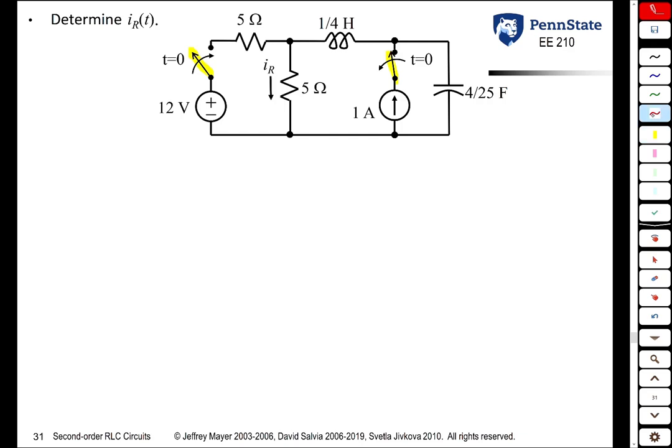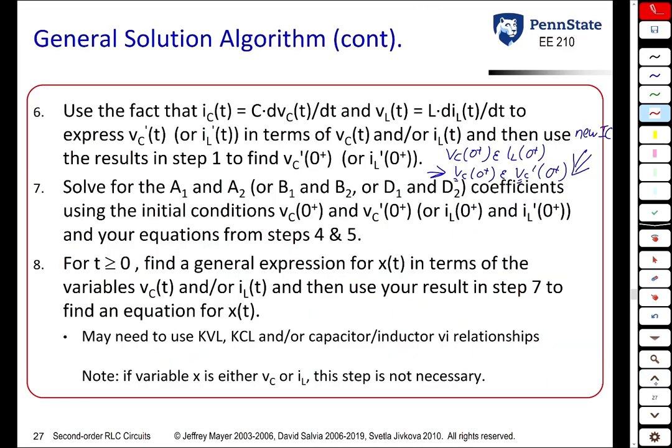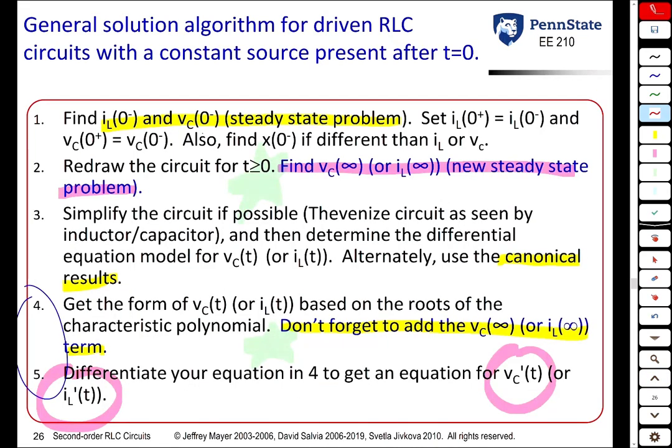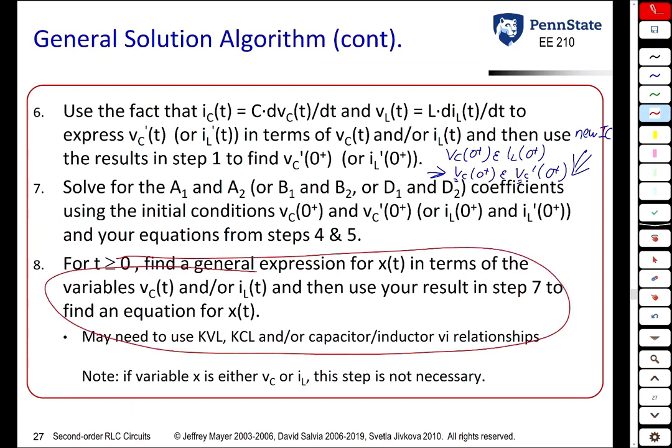To make this problem even more complicated, we are not asked to find VC or IL, but we're asked to find a different variable, in this case IR. If you look back at the algorithm, this is one of those cases where you do have to worry about these additional steps here, one there, and one there.